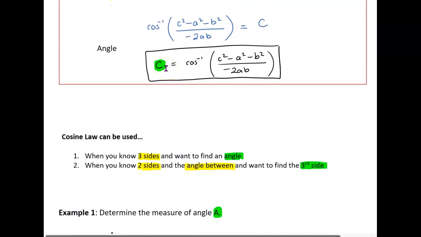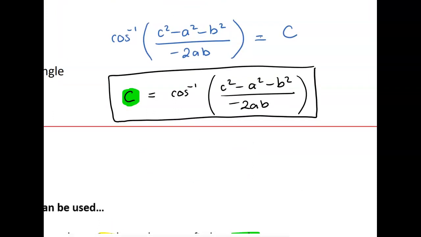And so that's okay if we now have to change it to a different letter, for example, in this case, A. But what has to match is, if you look at the formula, the angle C is over here and the side length C is over here.